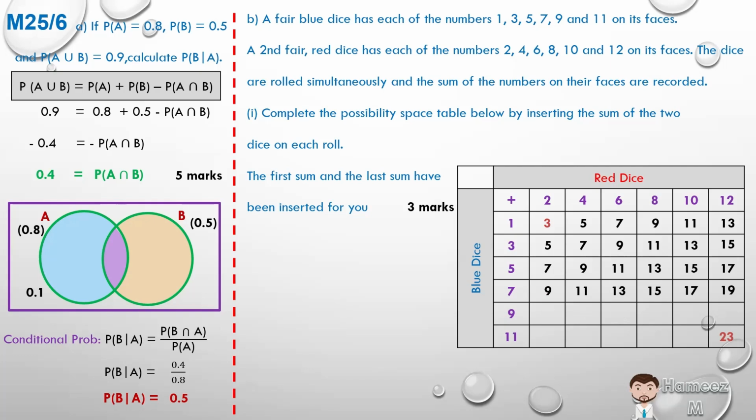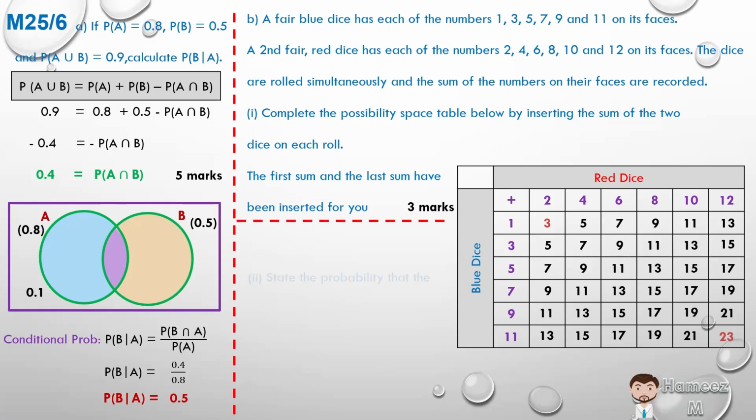So do we see any patterns here? 9 and 2 is 11, and 13, 9 and 6 is 15, 17, 19, 21. 9 and 12 is 21. 11 and 2 is 13, 11 and 4, 15, 17, 19, 21. And we have 23 already. So we have completed the possibility space table.